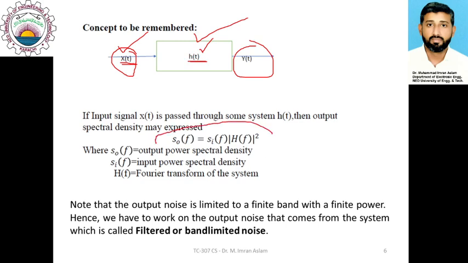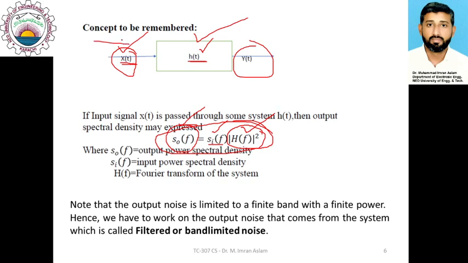So this is the relationship regarding the power spectral density. The input power spectral density and output power spectral density are related by a simple relationship: the output power spectral density is equal to the input power spectral density multiplied by the magnitude squared of the transfer function. So you can see that whatever output you get is also dependent on the transfer function.